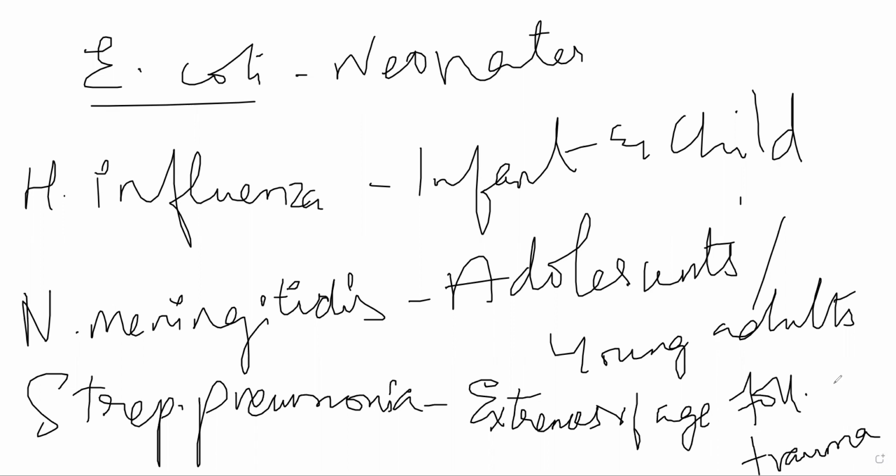So those are the four common causes of acute pyogenic meningitis. Depending on their age group, different bacteria are more likely. It is not that H influenzae cannot cause meningitis in neonates or E. coli cannot cause meningitis in adolescents. It's just that it is more likely to be this particular organism in that particular age group.